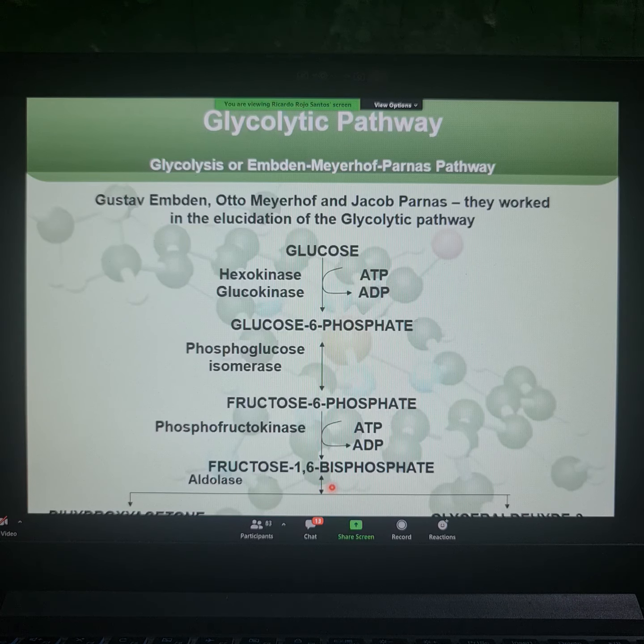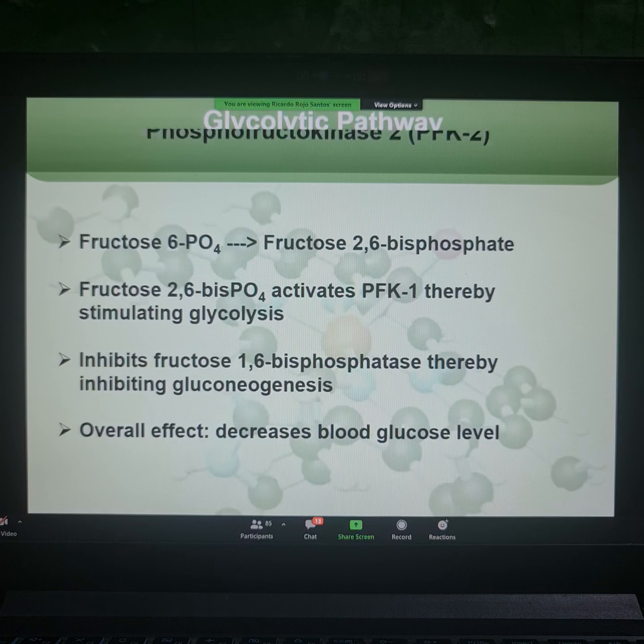And look at this one. Phosphotriose isomerase converts DHAP to glyceraldehyde 3-phosphate, GAP. Glyceraldehyde 3-phosphate is in the direct pathway of glycolysis.